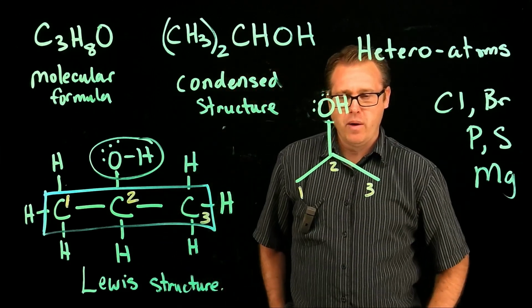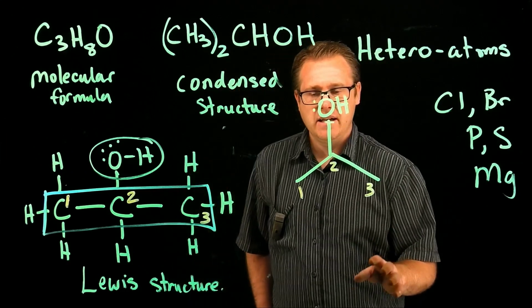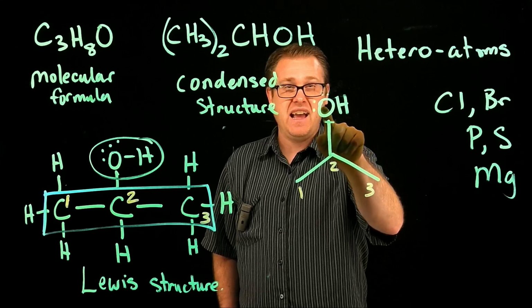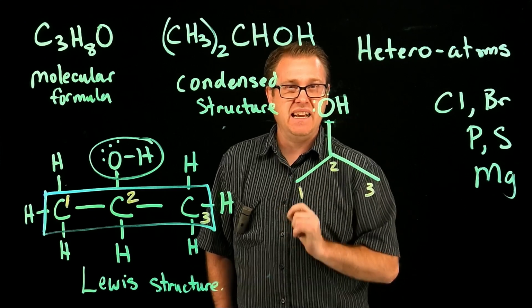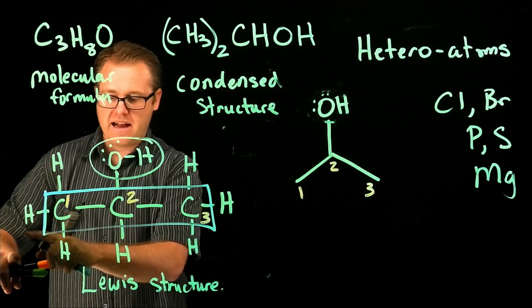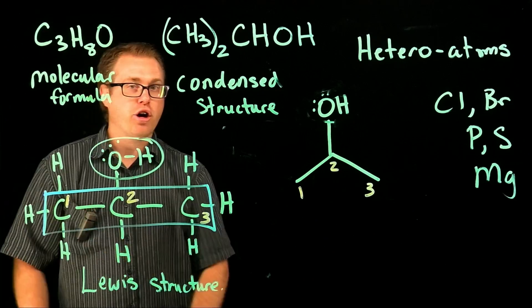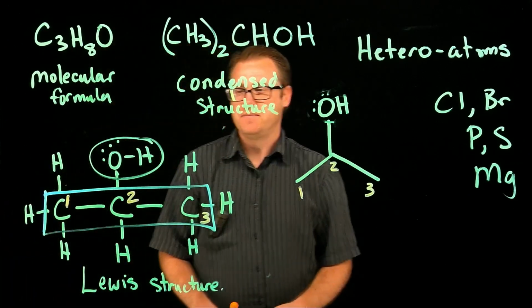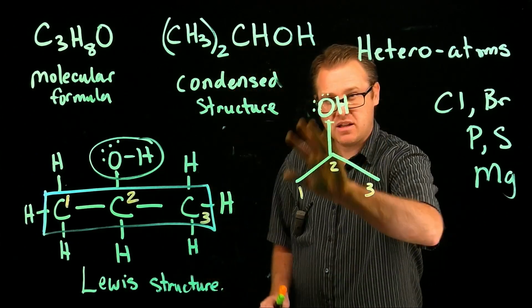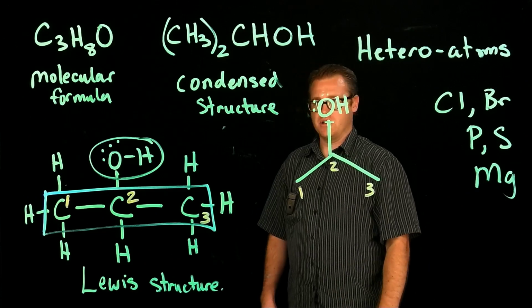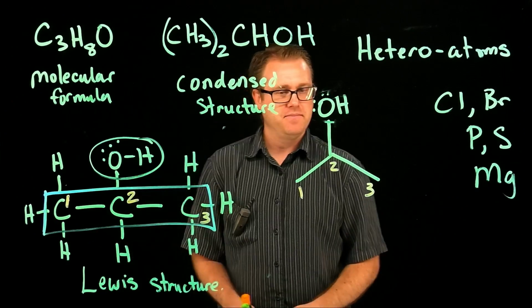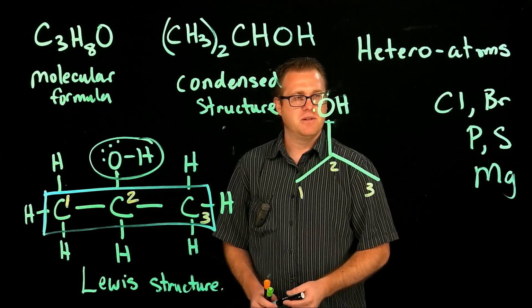But right now, the point of this lesson is to show you that hydrogens attached to heteroatoms need to be drawn, whereas hydrogen atoms attached to carbon are not. So that's how you draw the zigzag structure. We've numbered the carbons, and you don't draw on the hydrogens.